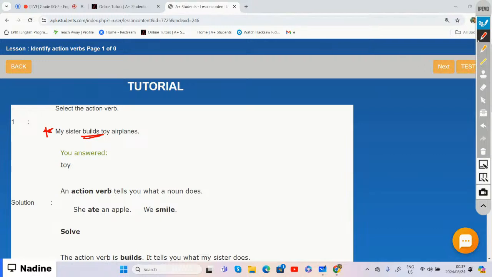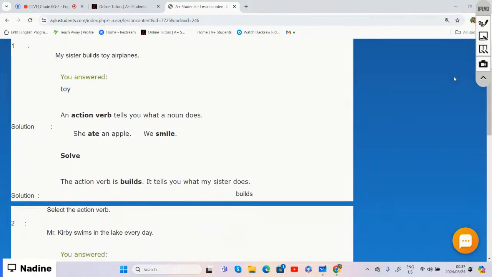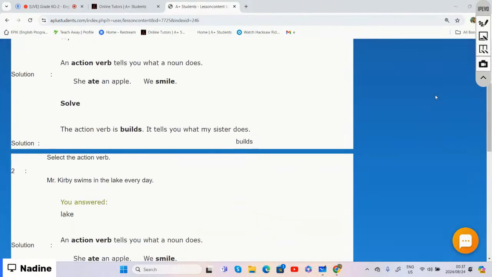All right. If we go on to the next one, it says Mr. Kirby smiles in the lake every day. Mr. Kirby swims, not smiles, swims in the lake every day. So Mr. Kirby swims in the lake every day. We need to identify our action verb within that sentence.